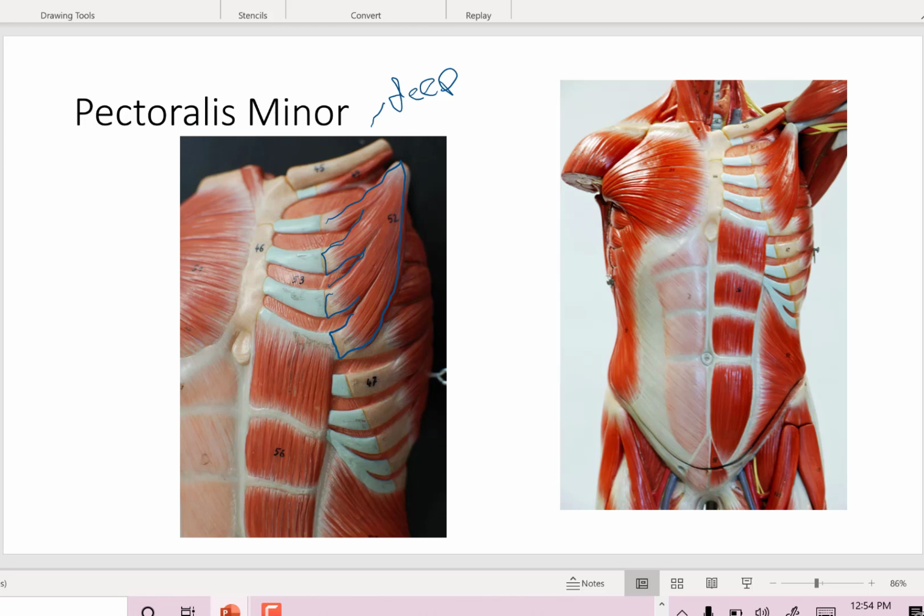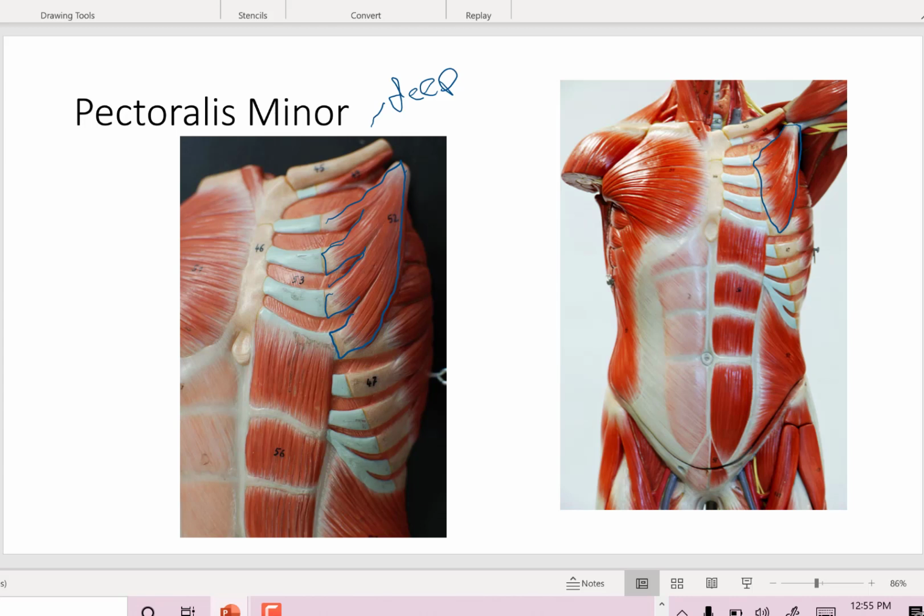The insertion, you can see, would be going up towards the arm. And over here on the picture on the right, you can see where the insertion is going towards the coracoid process of the scapula. Therefore, its action is going to be on the scapula, not the arm.